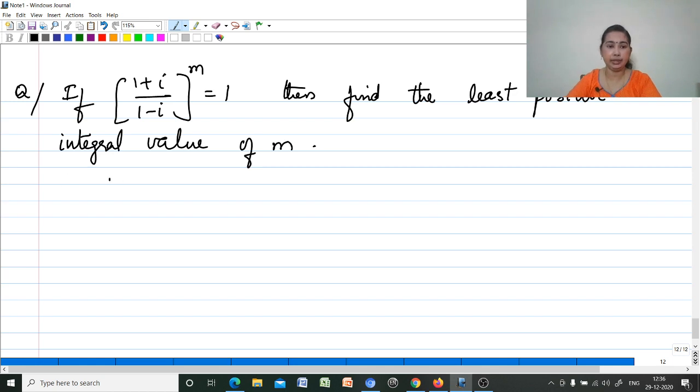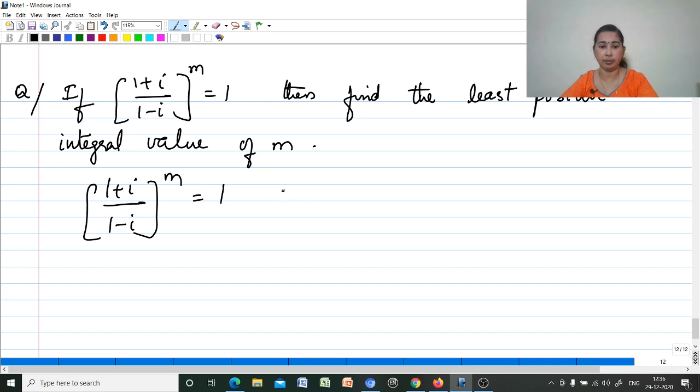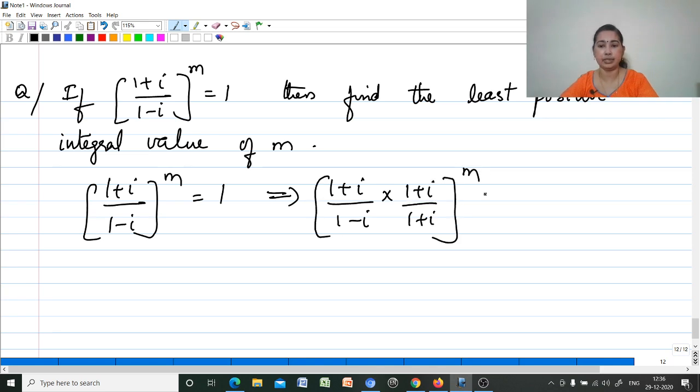So given that (1 plus i)/(1 minus i) whole raised to m is equal to 1. Now first we can convert this into complex number form, that is (1 plus i)/(1 minus i) into (1 plus i)/(1 plus i), whole raised to m is equal to 1.